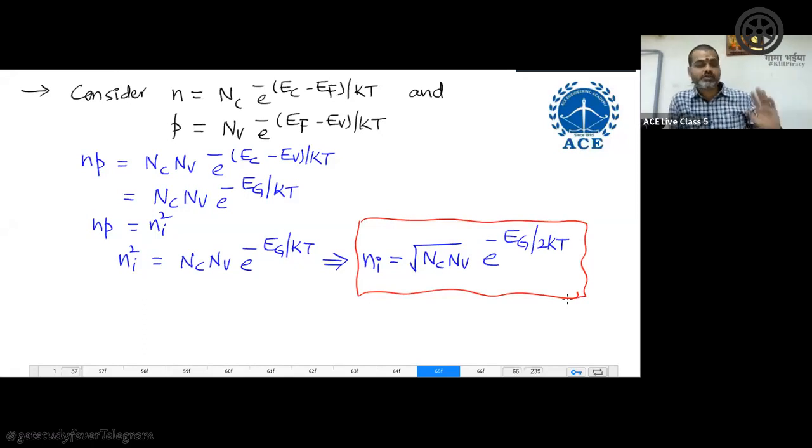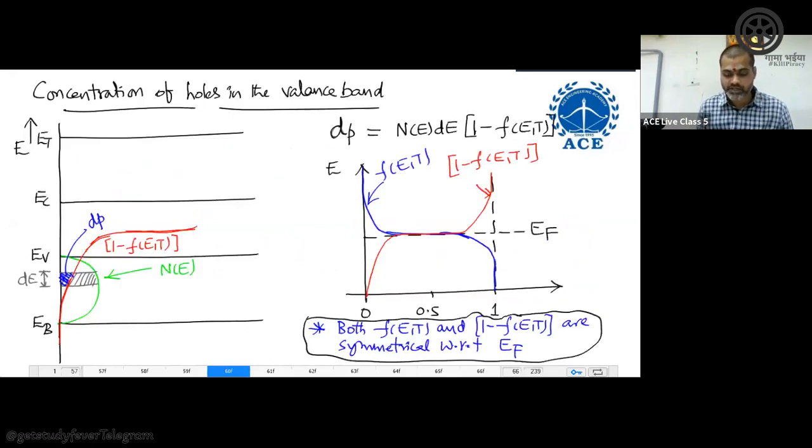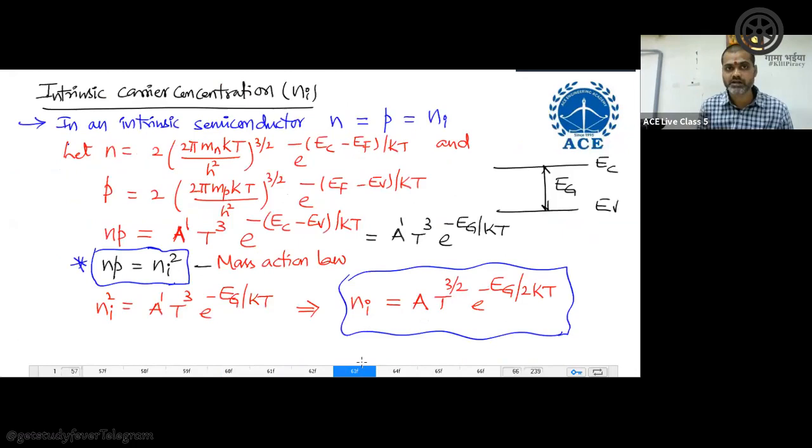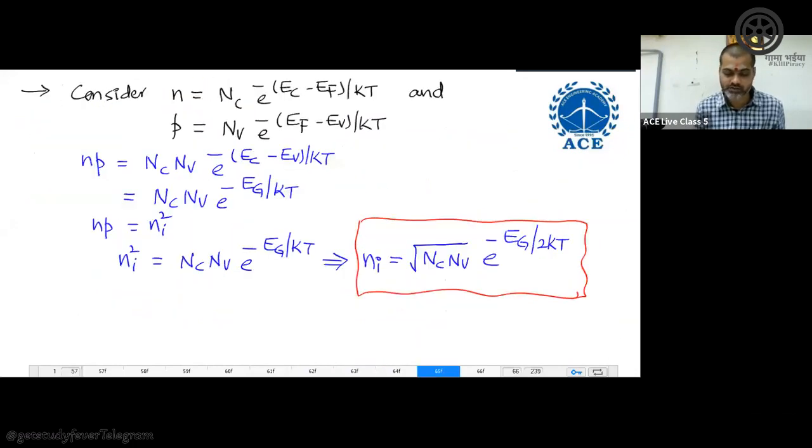So the previous one or this one, both are going to be useful depending upon the condition. Any way you can represent. Hope I am clear. So this is about intrinsic carrier concentration. We know the characteristic of the intrinsic semiconductor material is n equal to p, which is equal to ni, and from that you can either use this equation which we have derived, or the one in terms of Nc and Nv.